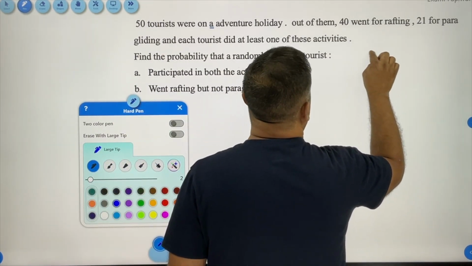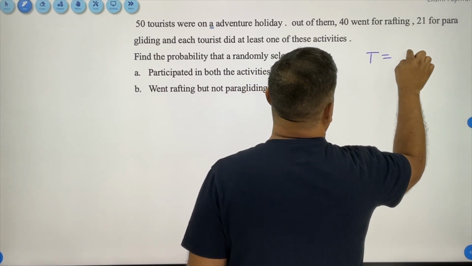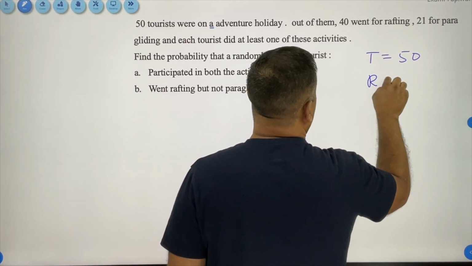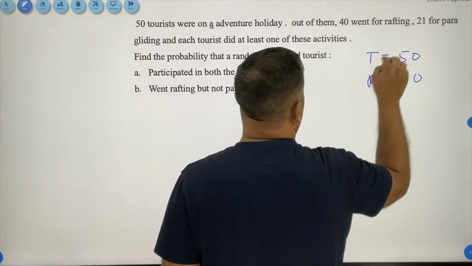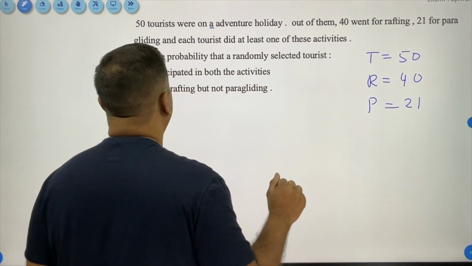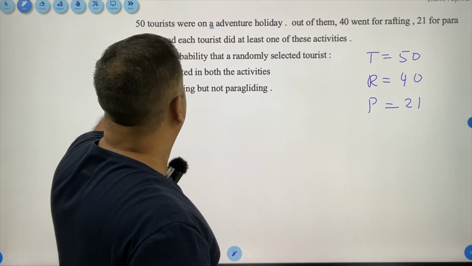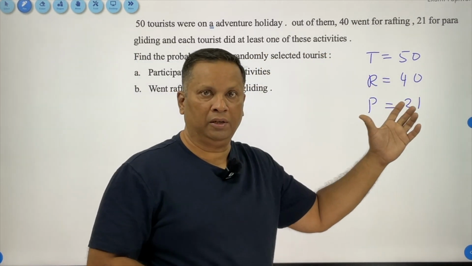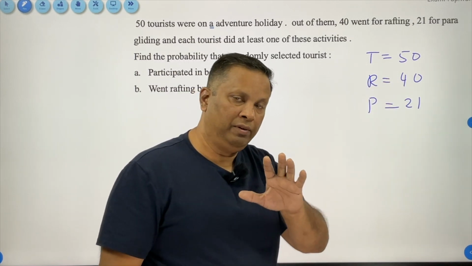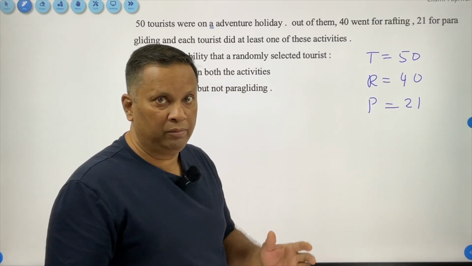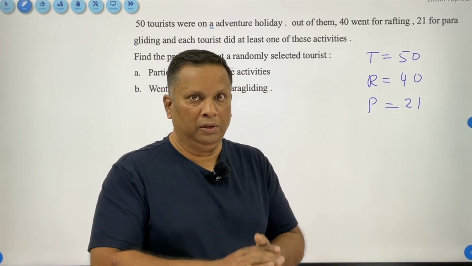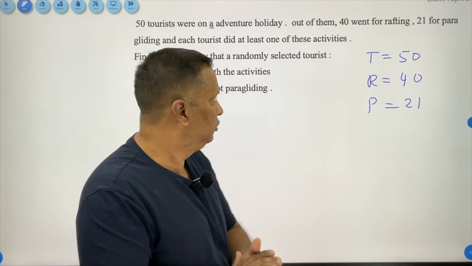So total number of tourists were 50. 40 went for rafting, 21 for paragliding, adventurous, right? And each tourist did at least something or the other. That means there is nobody who didn't do either this or this. Everyone did something or the other. Some may do both, some may do only one, right? So outside the circles there is no one.